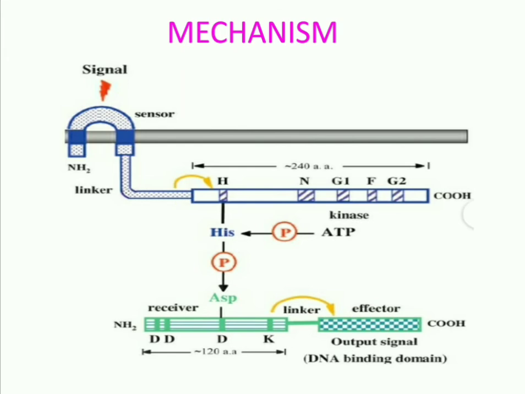The corresponding response regulator catalyzes the transfer of the phosphoryl group to an aspartate residue on the RR's receiver domain, which triggers the conformational change and activates its output domain, which produces the cell response to the signal by suppressing or stimulating genes.